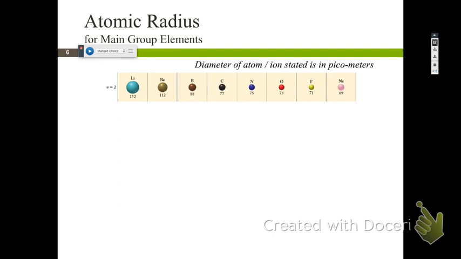Great, so now we're in n equals 3, 3s. And we only have one electron in there, and that whole n equals 3 shell. So I want you guys thinking about what we expect for the size of that atom, and then what does that mean about how tightly those electrons are held?